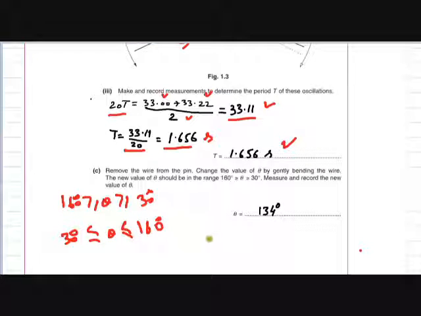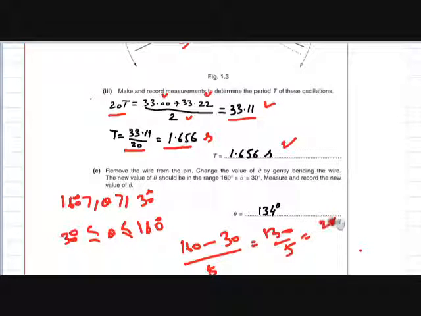So let us see which angles I will take. The formula for the interval is maximum value, which is 160, minus minimum value, which is 30, divided by, always we have to take 6 sets of readings, so we always divide by 5. Actually it is number of readings minus 1, so 130 divided by 5 comes out to be 26 degree.